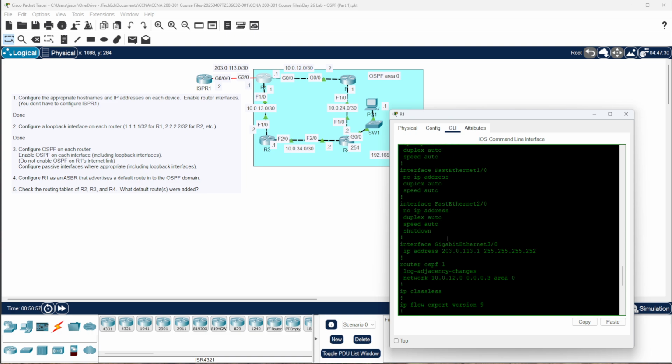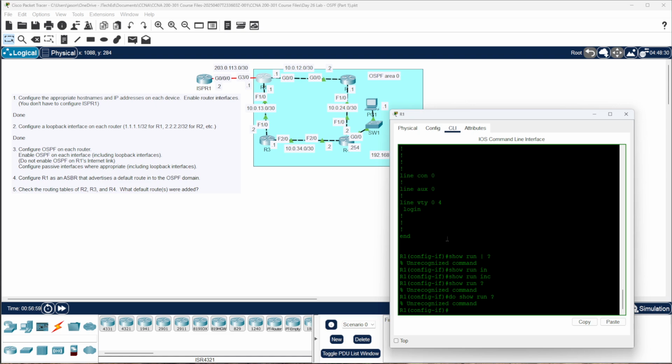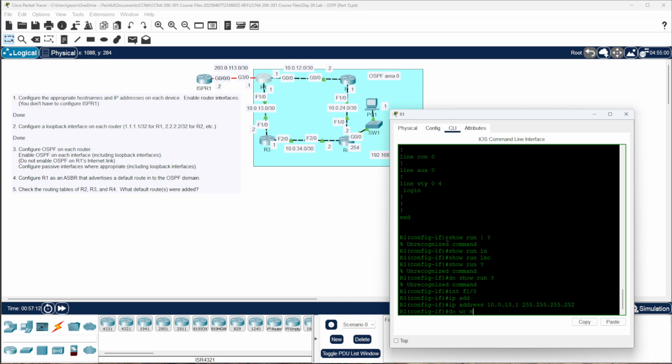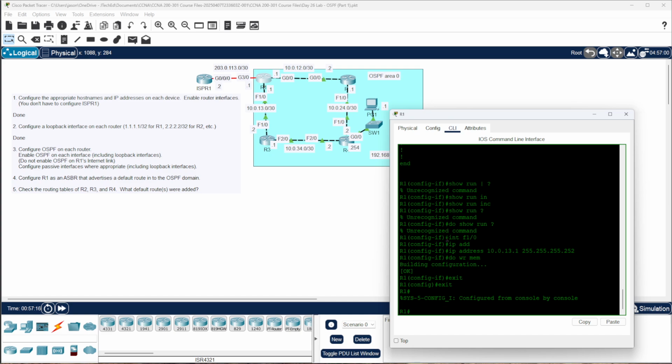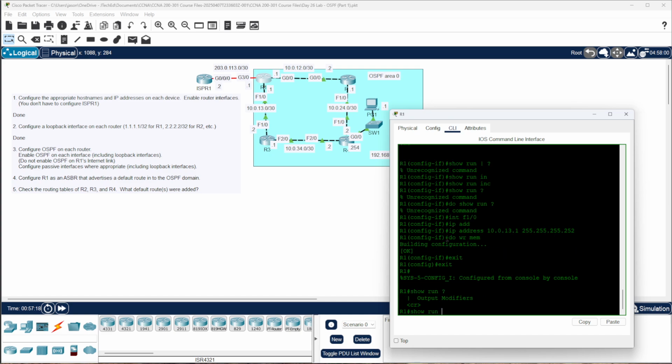Let's just get this thing configured, and we'll worry about that. What interface am I in? I don't know why I keep doing that. IP address 10.0.13.1 255.255.255.252. Right, there we go. Let's just do show run question mark.